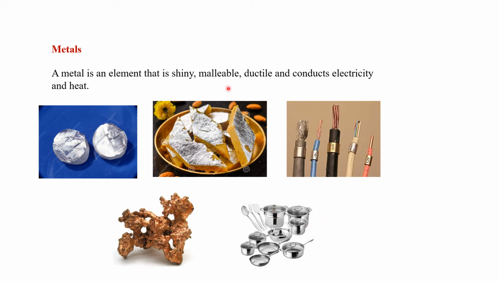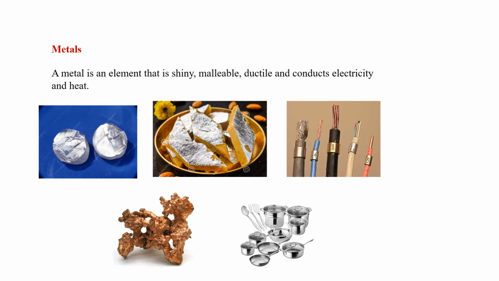They can be converted into very thin foil, and also some metals like silver have germ protecting power, and that's why they are used for covering our food items.